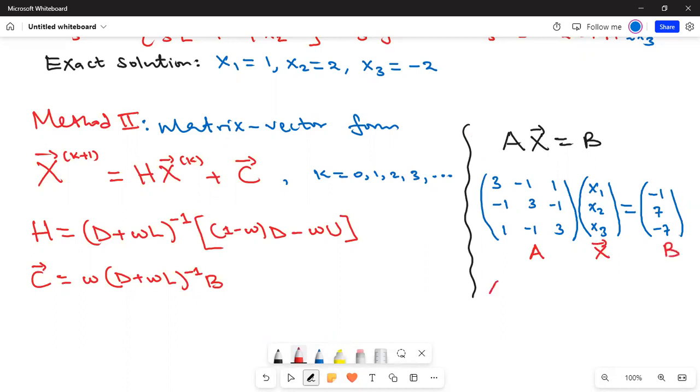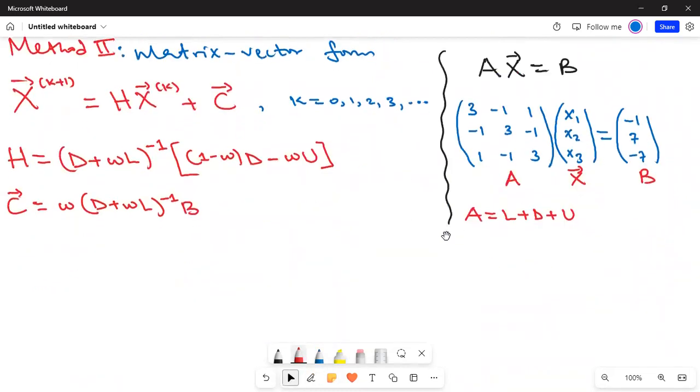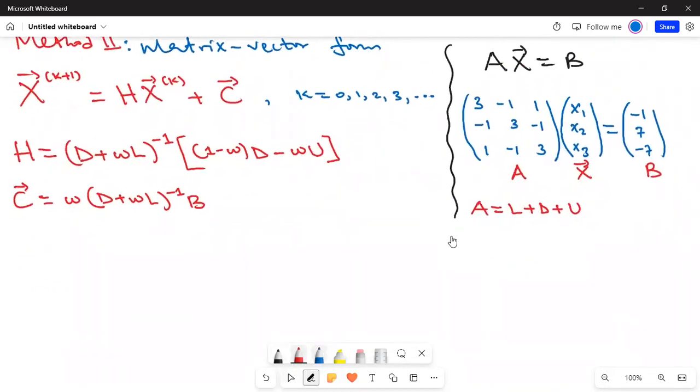So remember, A can be partitioned into L plus D plus U. So L is the lower triangular matrix, D is the diagonal matrix, and U is the upper triangular matrix. So in this case, our L is this matrix.